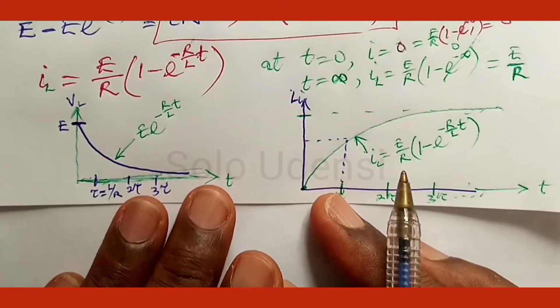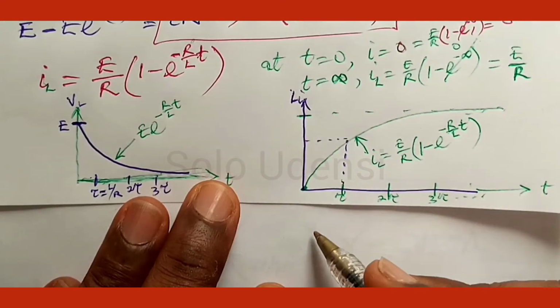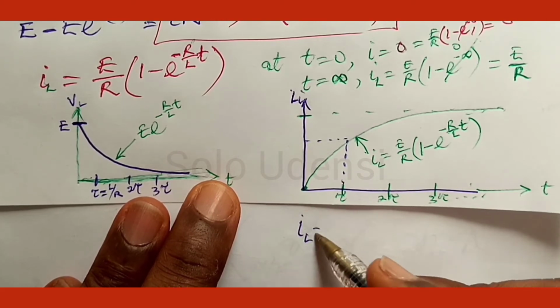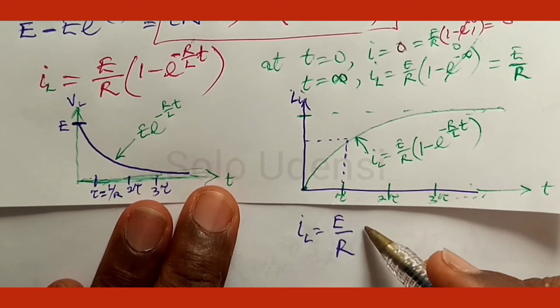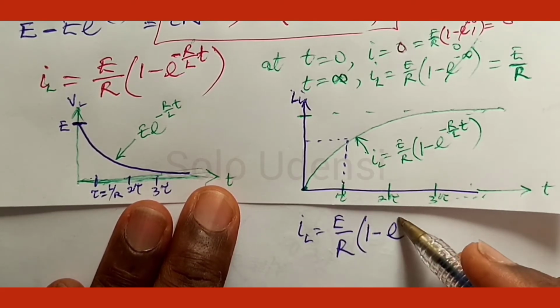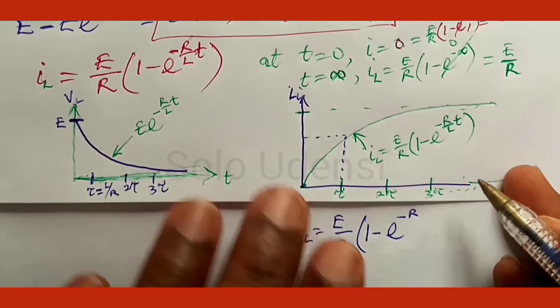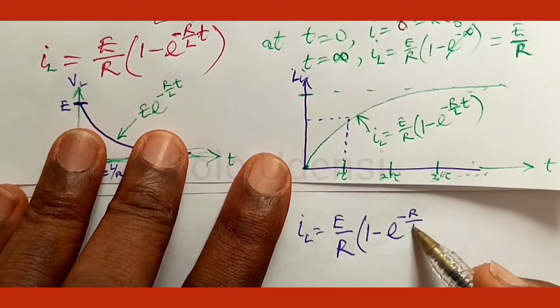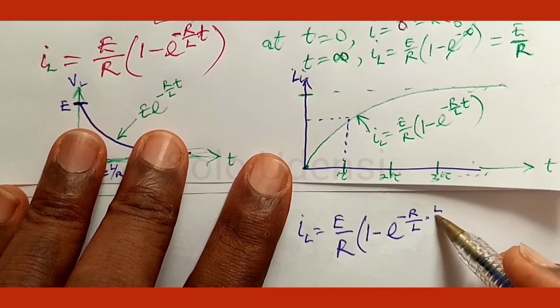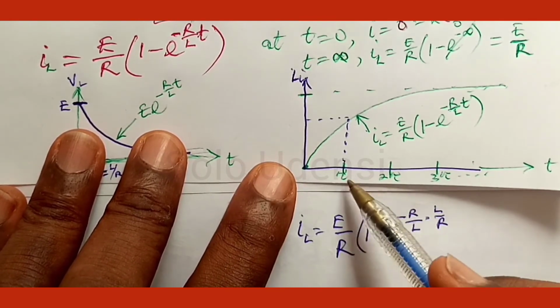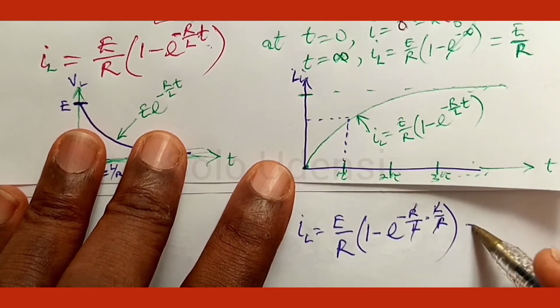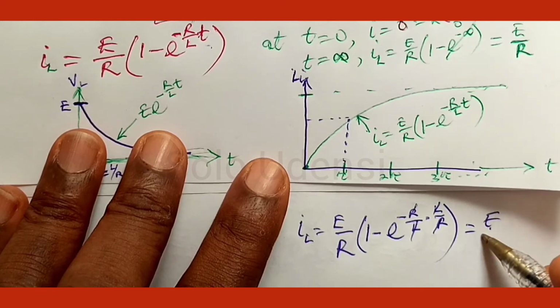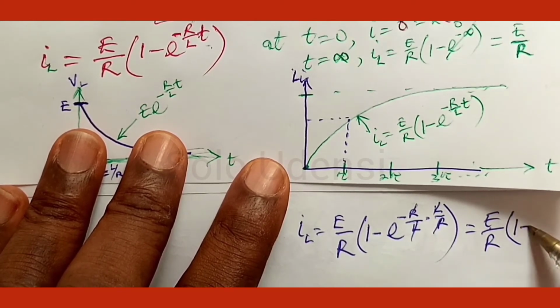The first time constant will be, if you use this, IL is equal to E over R into 1 minus exponential minus R over L times L over R. That's tau. We are replacing the t now with tau. So you have it to be E over R into 1 minus exponential minus 1.